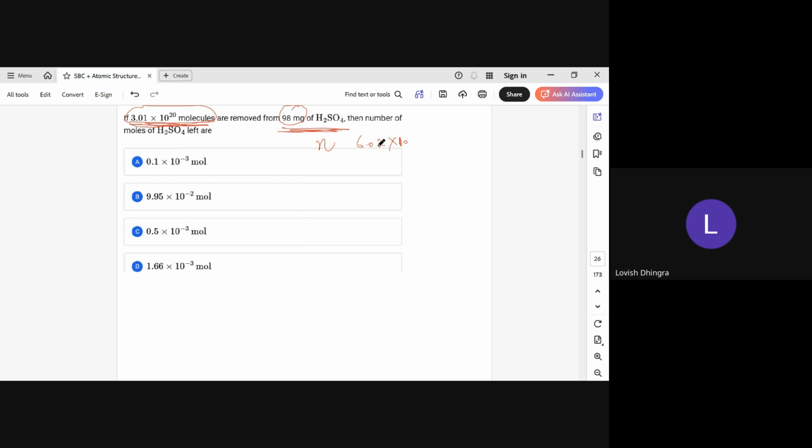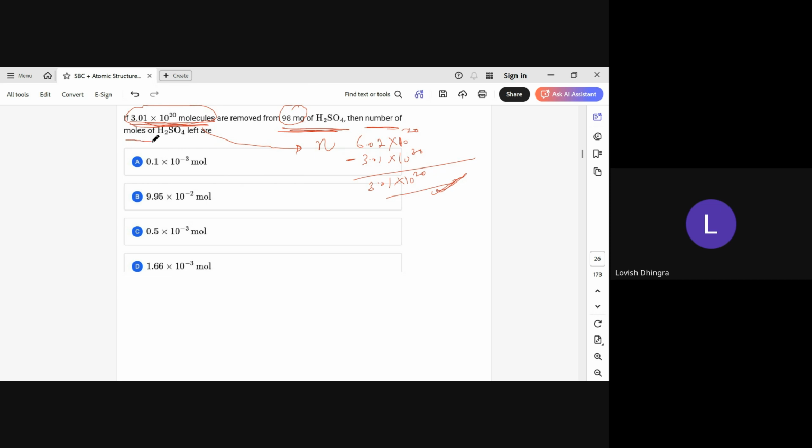So the number of molecules will be 6.02 into 10 to the power 20. Then 3.01 into 10 to the power 20 are removed, so the same amount is left: 3.01 into 10 to the power 20. Clear?